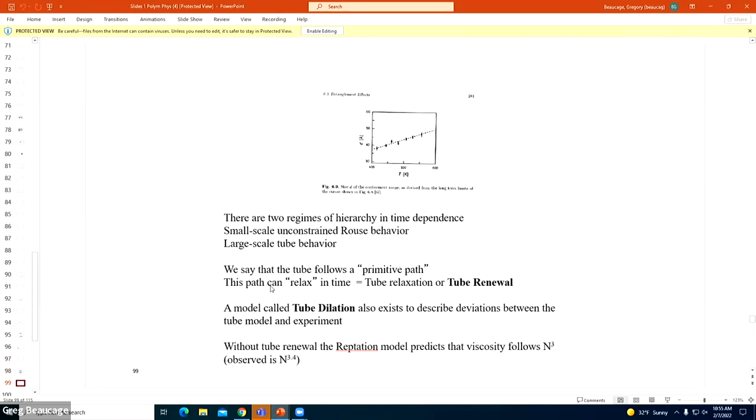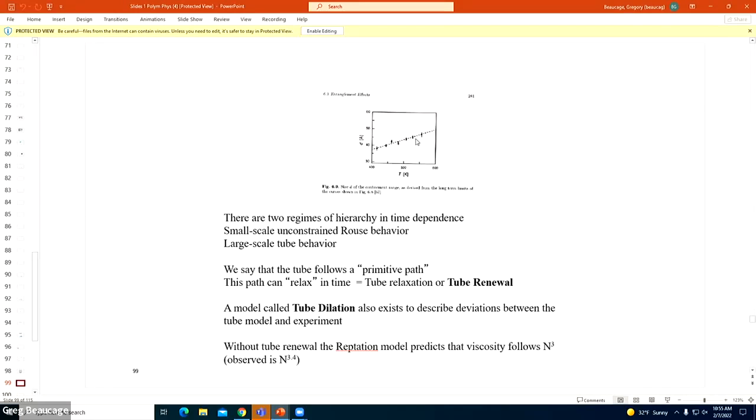The other thing is this tube dilation idea, because the tube that it's in is made of itself. You're looking at the relaxation of the thing, so it means the tube is also relaxing while the thing is moving through it.